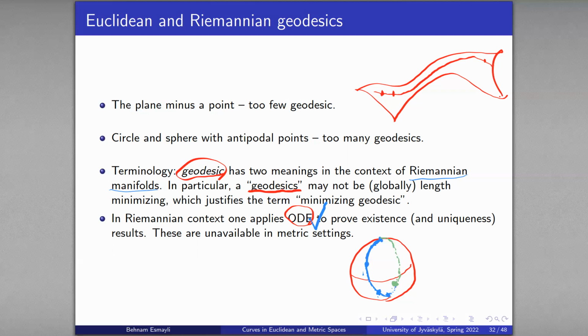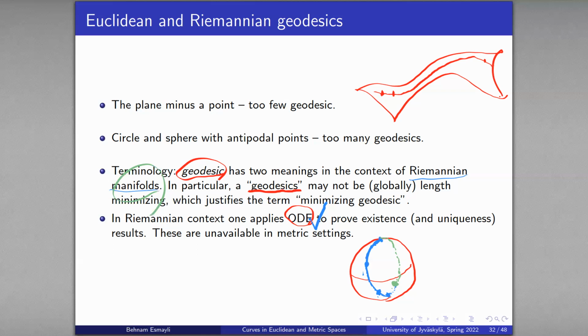Anyone familiar with Riemannian manifolds will be familiar with this terminology. So I wanted to add this clarification between what it means to be a geodesic in the Riemannian metric sense versus in the metric space sense, but they are very closely related. For example, locally at least, any geodesic in the Riemannian manifold sense is actually a geodesic in the metric sense.